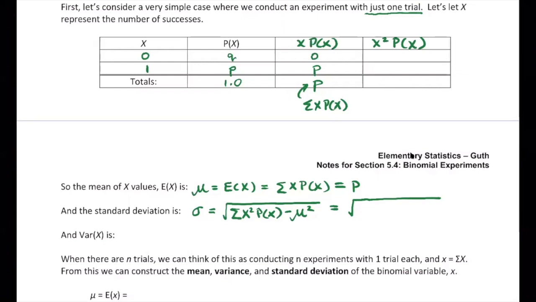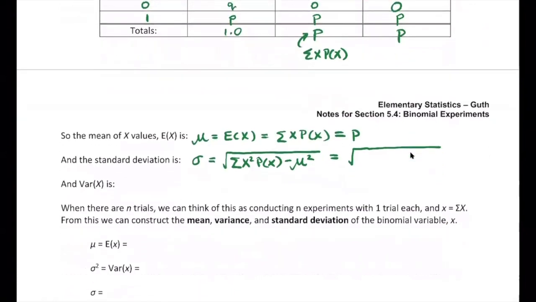And so now here, you're doing 0 squared times q, which once again is 0. And then in the next row, x is 1, and p of x is p. So this is going to be 1 squared times p, which is going to be p. And once again, you're adding 0 plus p to get p. So same numbers.